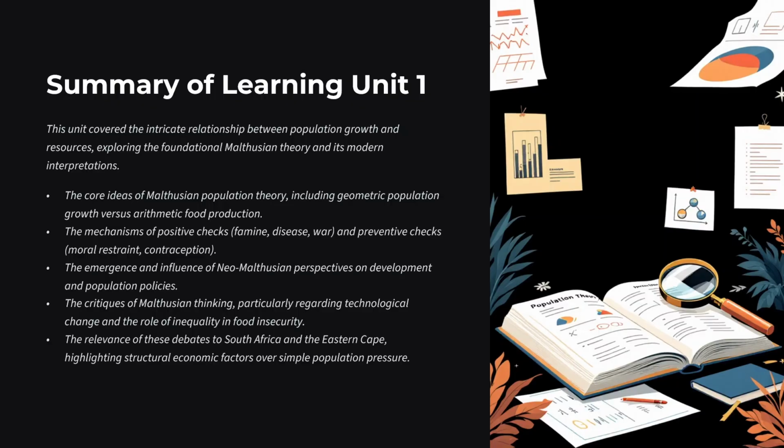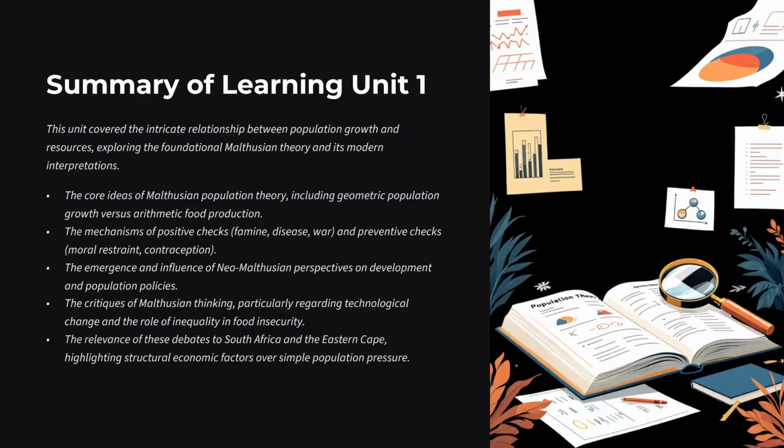So the Neo-Malthusians have a different perspective, where they're thinking about development and population policies, and they're thinking that people should be able to have agency to decide how many children they're going to have or the size of the families that they're going to have. So the critics of Malthusian thinking regard technological change and the role of inequality in food insecurity.